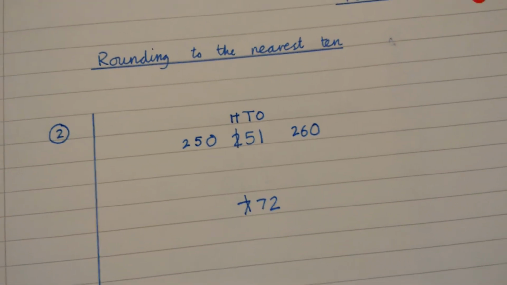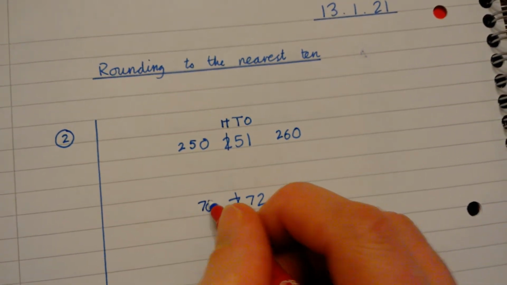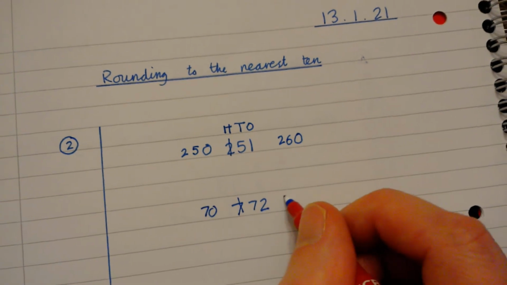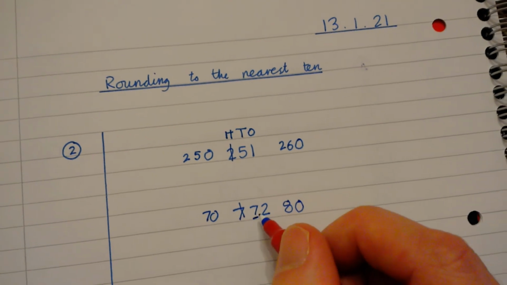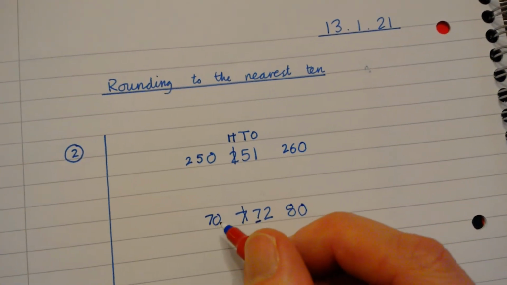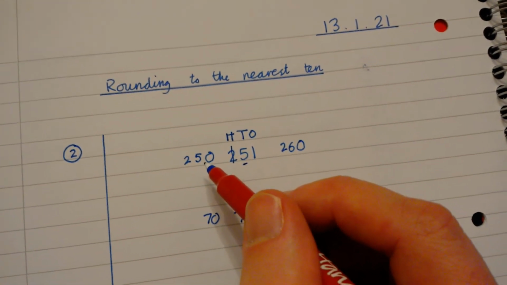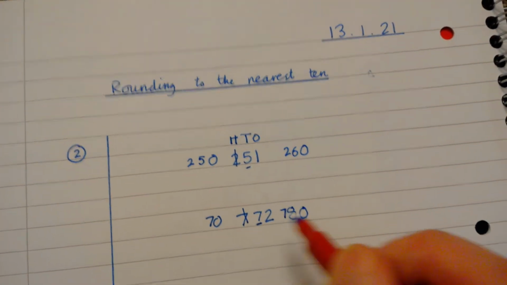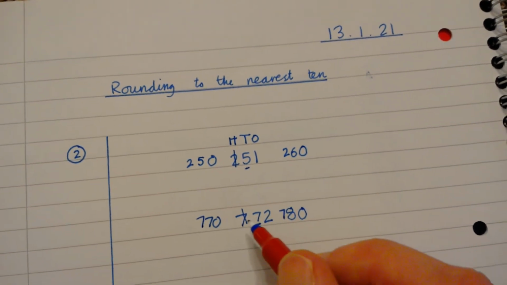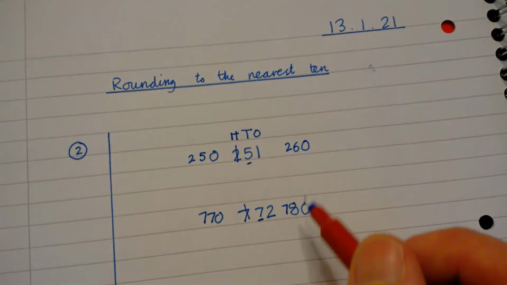Now if I'm thinking of 72, I know that 72 comes between 70 and the next 10 after 70 is 80. I'll give you a little tip. This 7 here, on this side, if it's a 7, well, it's always 70. Here, if this one's a 5, that one's always 50. So you can kind of see there's a bit of pattern. So 70 and 80. But remember, add the hundreds back on. So 772 comes between, if you were talking about multiples of 10, 770 and 780.